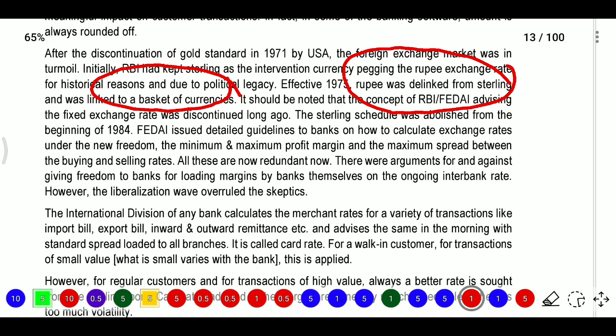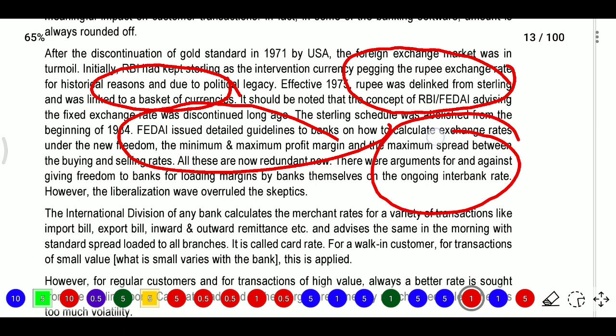It should be noted that the concept of RBI or FEDAI advising a fixed exchange rate was discontinued long ago, though the sterling schedule was abolished only in 1984. After 1984, where FEDAI issued detailed guidelines to banks on how to calculate the exchange rate under the new freedom, they provided minimum and maximum profit margins and a maximum spread between the buying and selling rates.